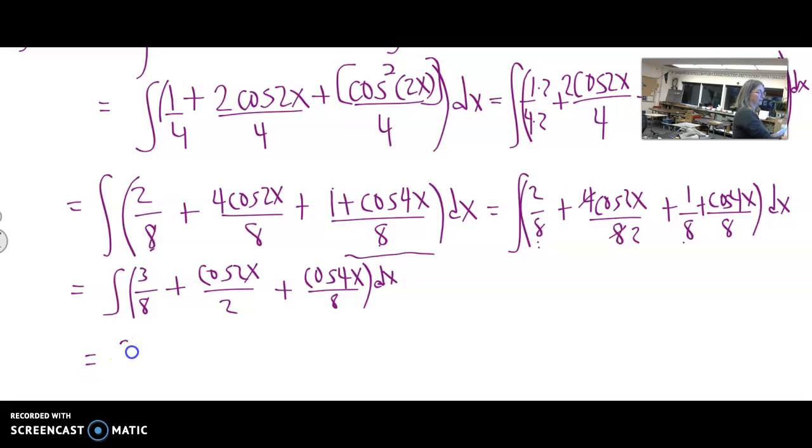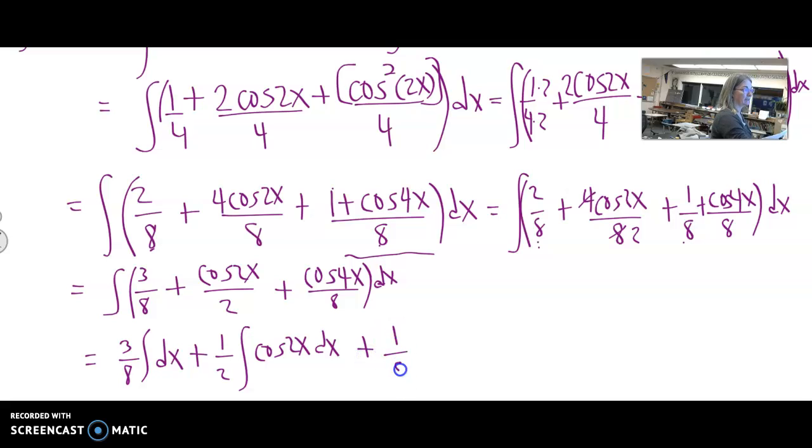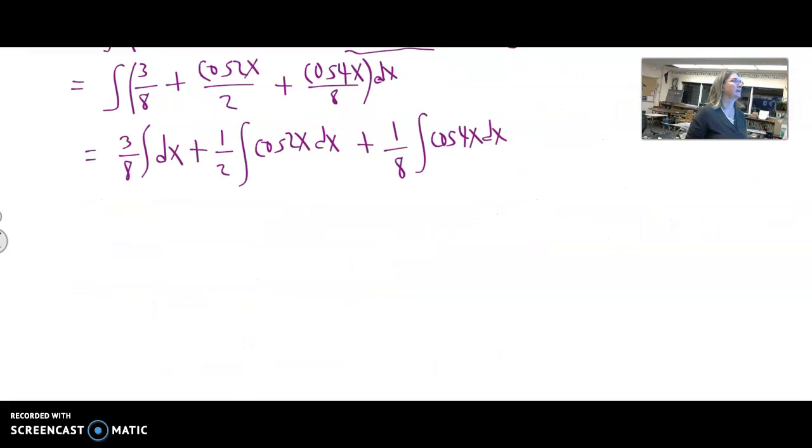I can take the 3/8 on the outside, and I just have to integrate dx, which is just going to be x. Plus, I can pull this 1/2 out. I have 1/2 cosine of 2x. Plus, I can pull the 1/8 out of here. I have 1/8 cosine of 4x. And we're going to use u substitution to integrate the cosine of 2x and cosine of 4x.